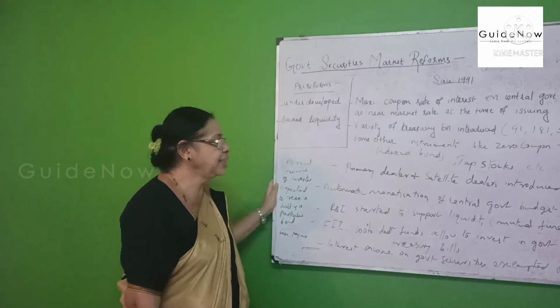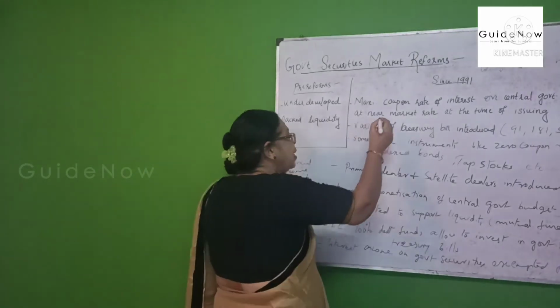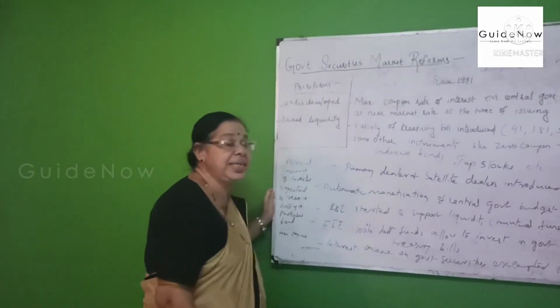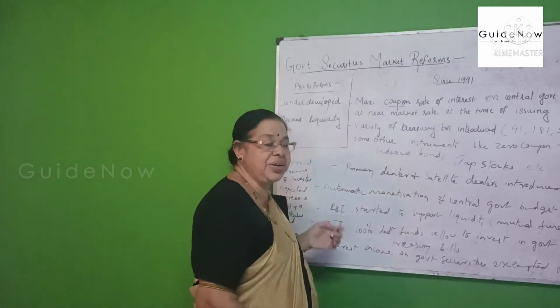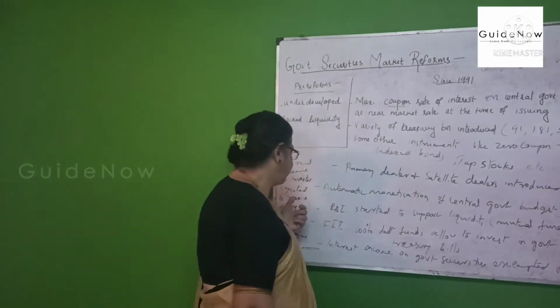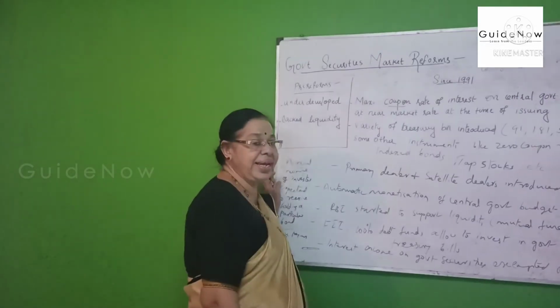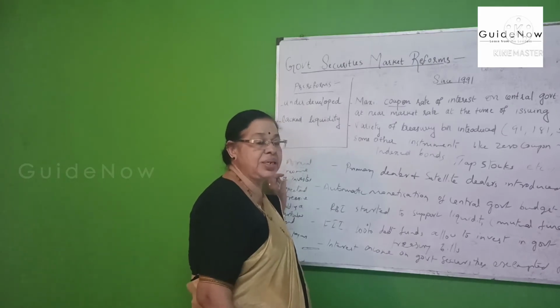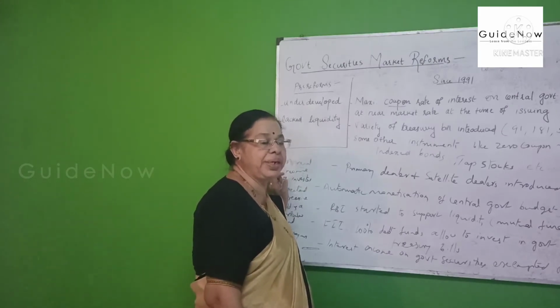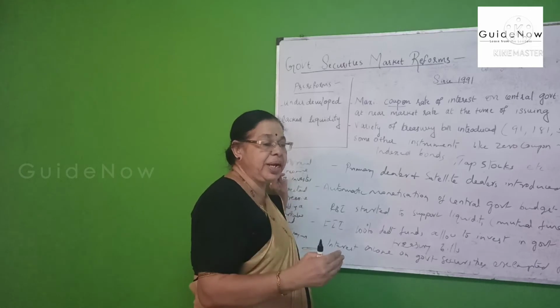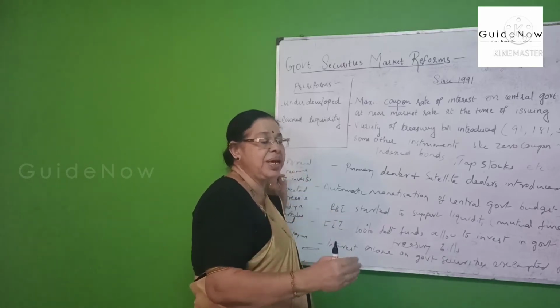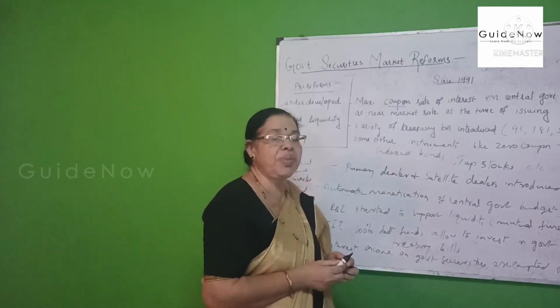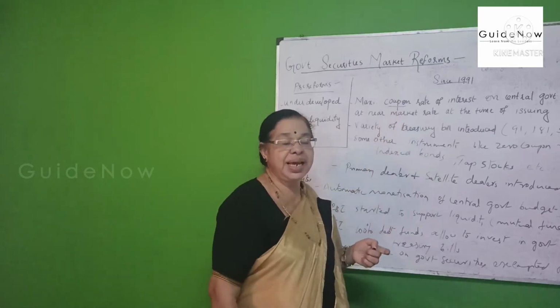So what is the expected income annually? That is represented as the coupon rate.